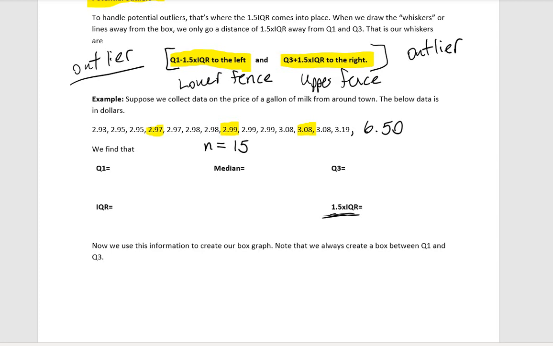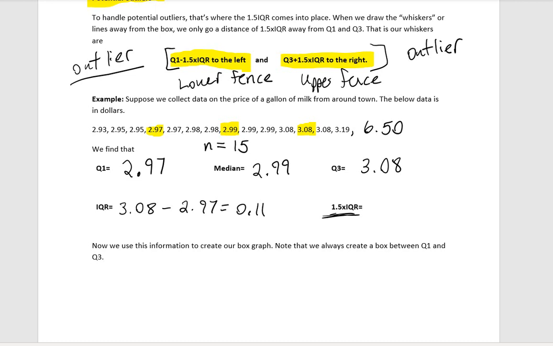My first quartile is going to be 2.97. My Q2, or my median, is going to be 2.99. Q3 will be 3.08. My IQR, the spread of the middle 50% of data, is going to be 3.08 minus 2.97, which is going to be 11 cents.